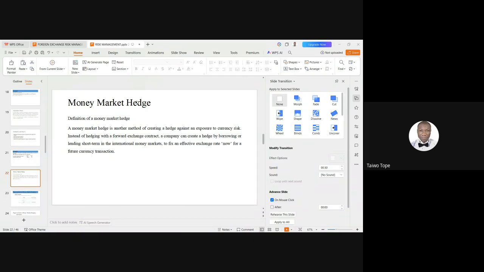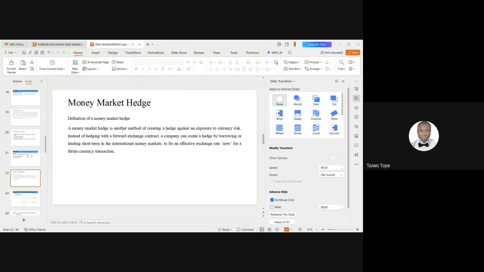What will you do if you are to receive money from the US? You can quickly guard against fluctuation in the foreign currency rate by borrowing in US dollars.